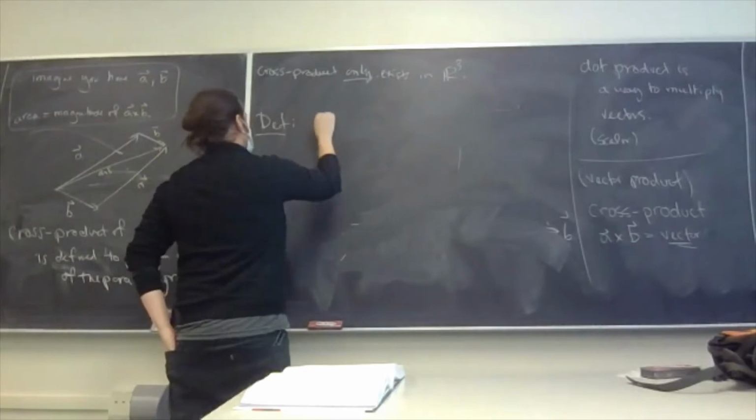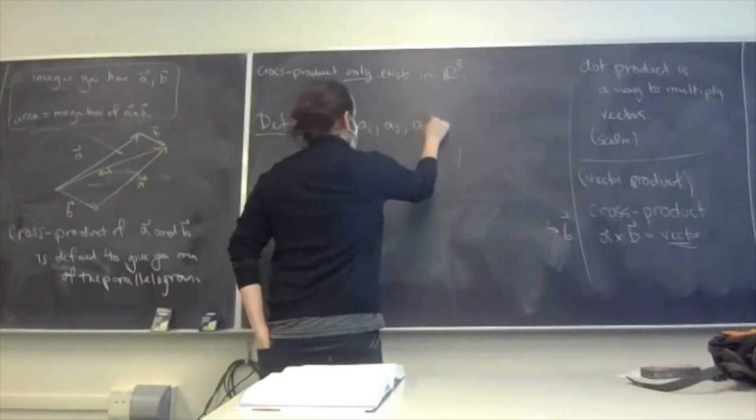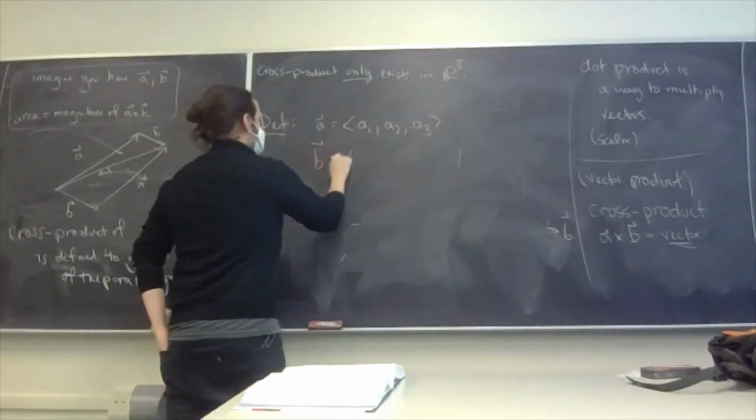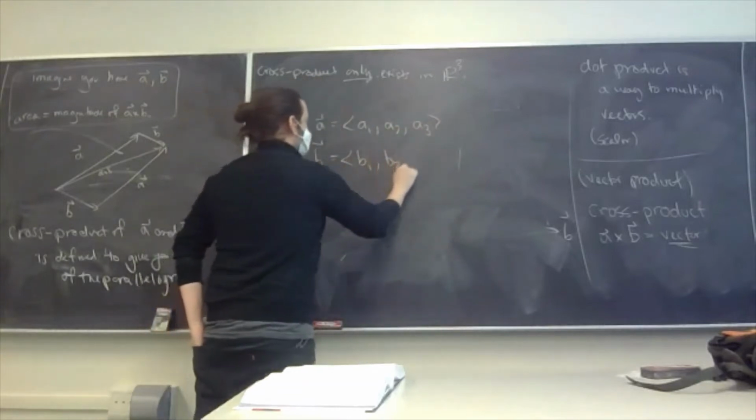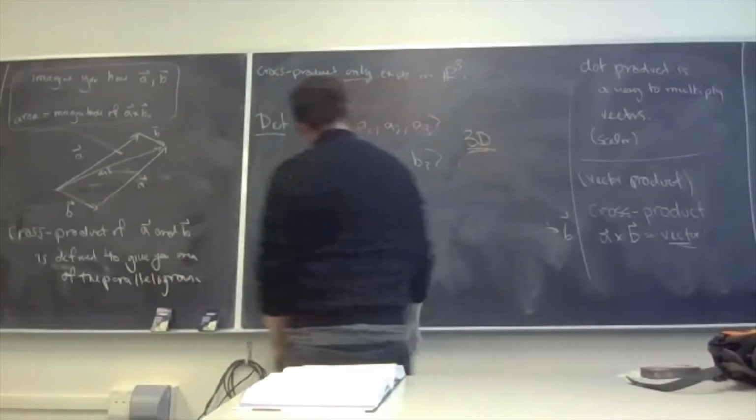So suppose A is (A1, A2, A3) and B is (B1, B2, B3), where these are 3D.